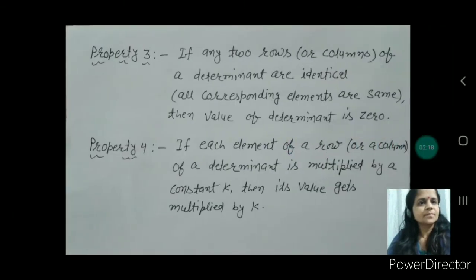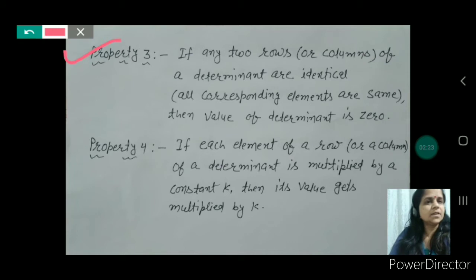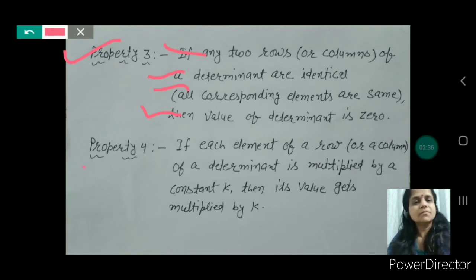Next, the third property. If any two rows or columns of a determinant are identical, which means all corresponding elements are the same, then the value of the determinant is 0. For example, if there is a determinant with first row 1, 2, 3, second row also 1, 2, 3, and third row 5, 6, 7, then the answer is 0.